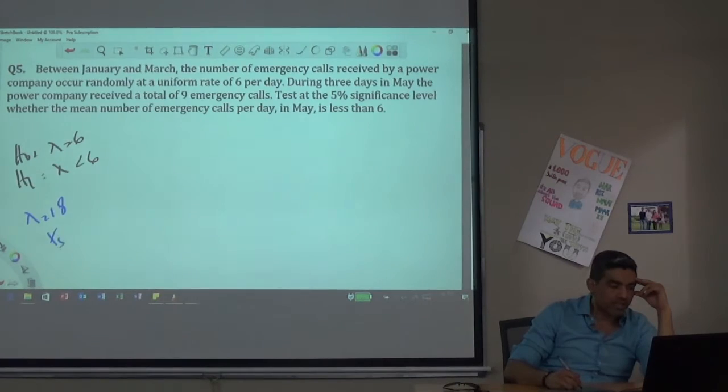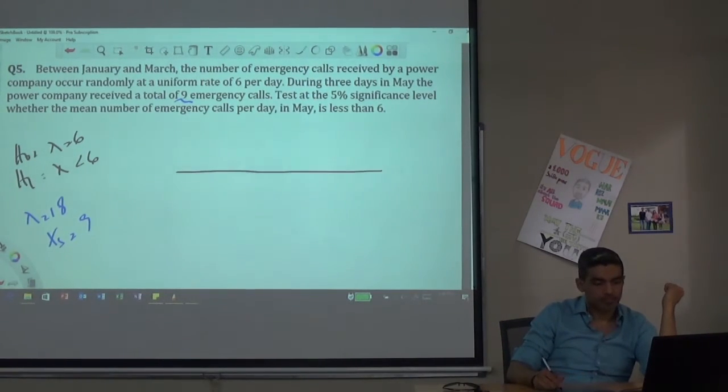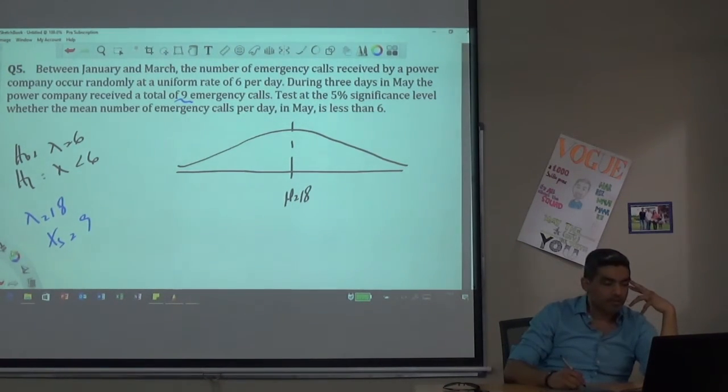And that's the X statistic, 9. We stand at 9. Mean value is 18. It's a laboratory test.